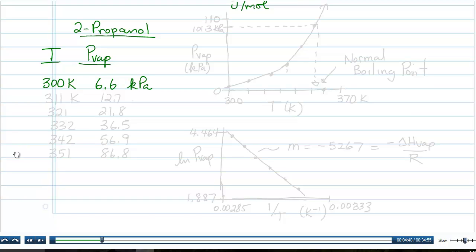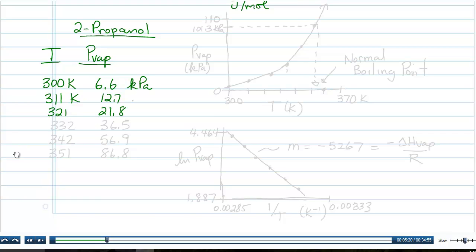That was 300 Kelvin. At 311 Kelvin, I'm taking these values, by the way, from our website. 311 Kelvin, the vapor pressure is now 12.7 kilopascals. We'll jump up to 321 Kelvin, and the vapor pressure is now 21.8.